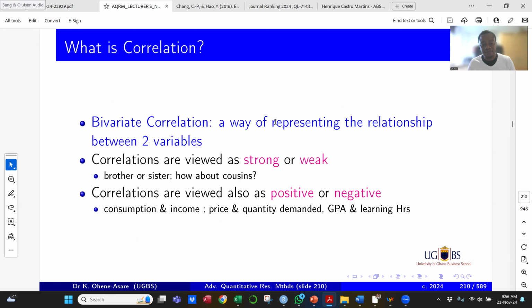Now let's move on. Now that we know correlation always wins, it means that we can measure the strength of a correlation. What do you think is the relationship between a brother and a sister, and then between cousins? Is it strong or weak?